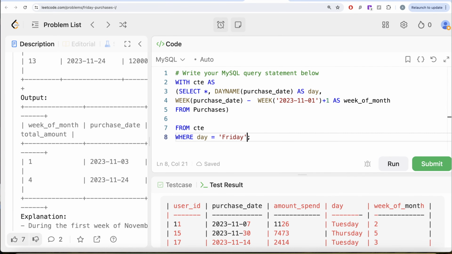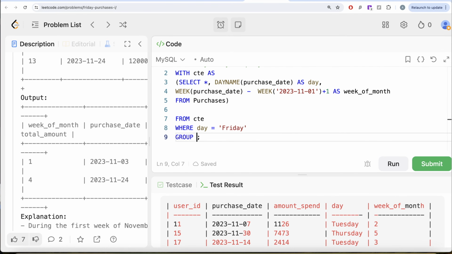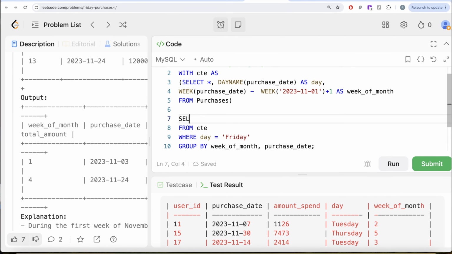So we can group by the week of month and the purchase date, and then return both the columns because both of them are required in our output. So select both of them, and then sum the amount spent to get the total amount.